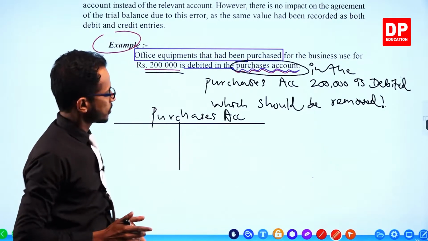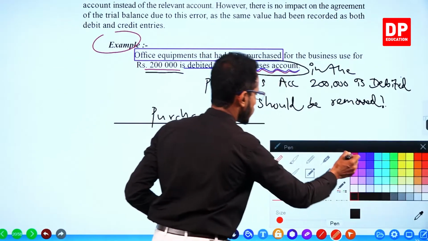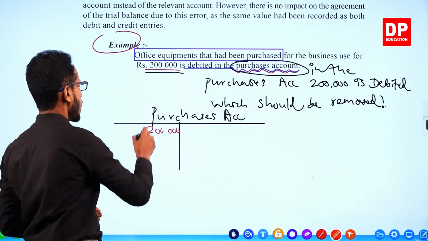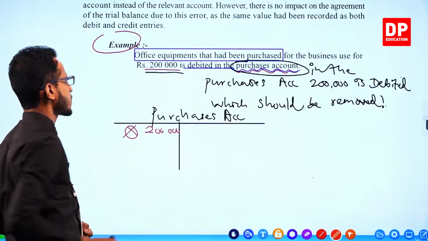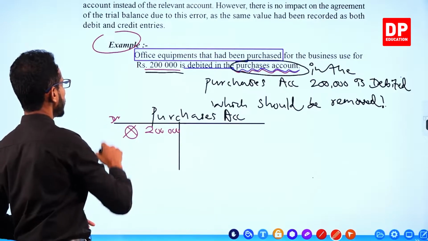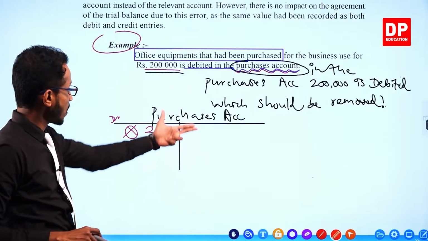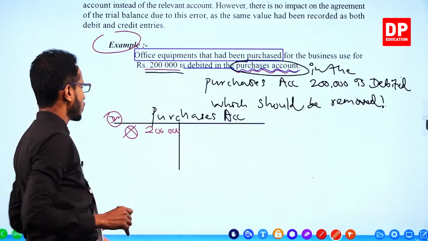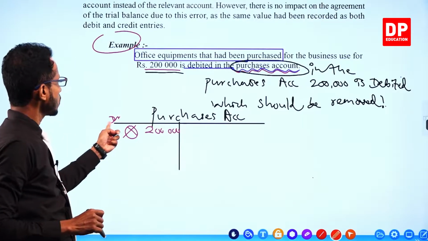And this is wrong. It should not be here. It should not be debited to the purchase account.